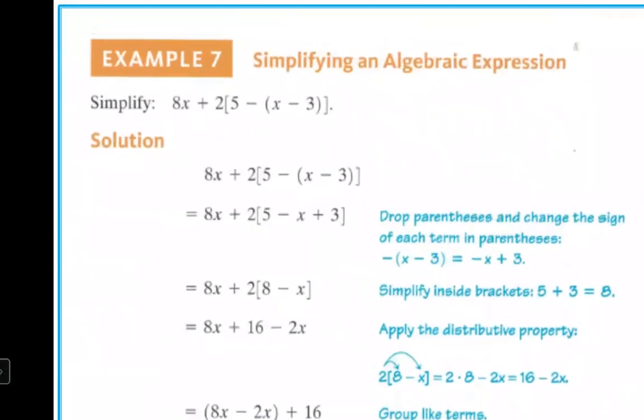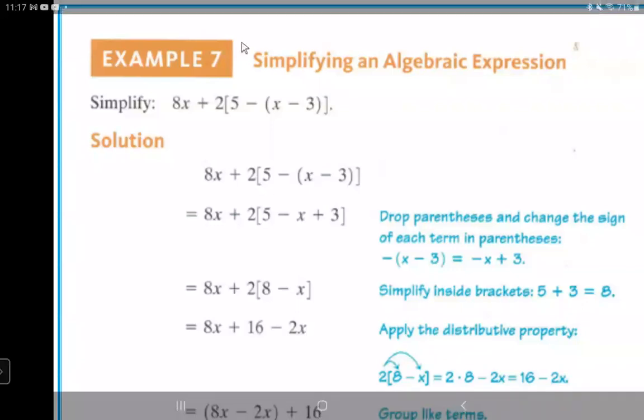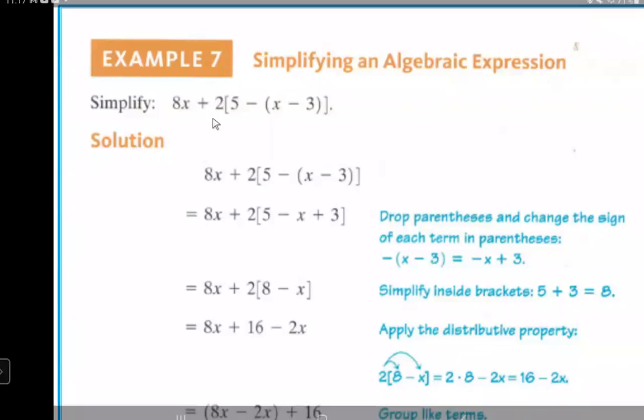Sometimes you have brackets within brackets. So you have here 8x plus 2, and then you have the square brackets, 5 minus x minus 3, which is in brackets, then you close the square bracket.